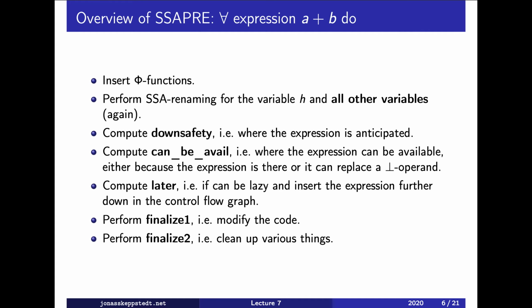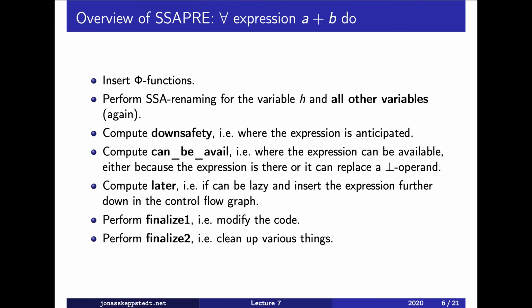This is not part of the efficient algorithm, but it's just to explain what can be done. But the efficient algorithm just keeps the renamed variables and their indices and figures out when which expression is available with which version of the operands.